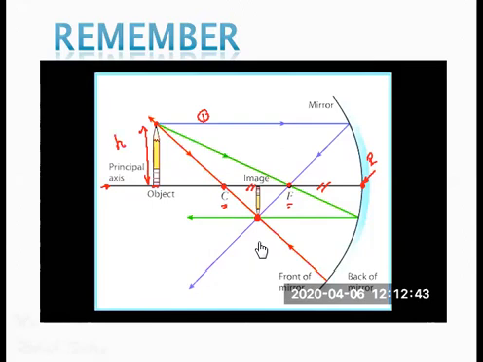It's positive, because it's up. But if I ask you, what about the height of the image? It's negative h dash. It's the height of the image. It's negative because it's inverted. It's below the axis, and this point is very important to be said.